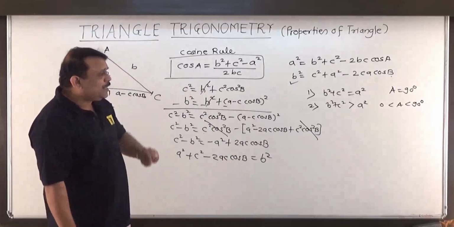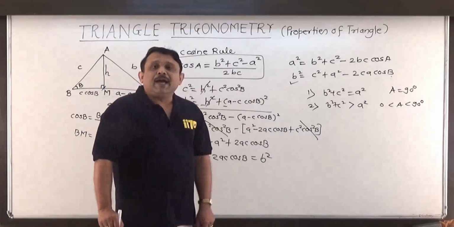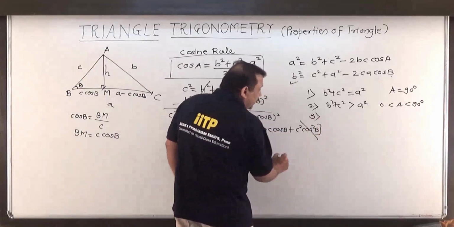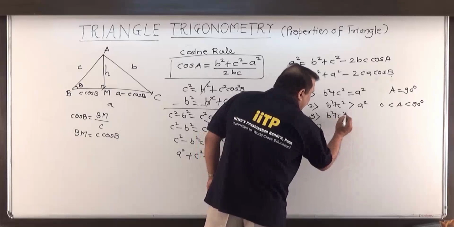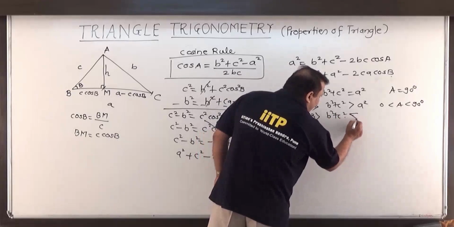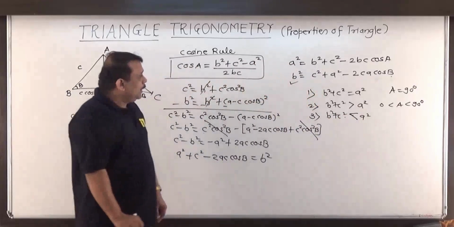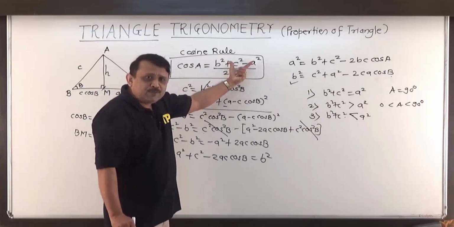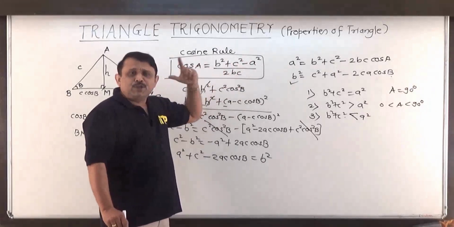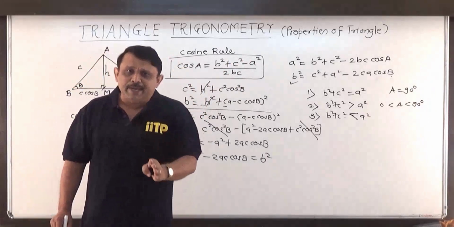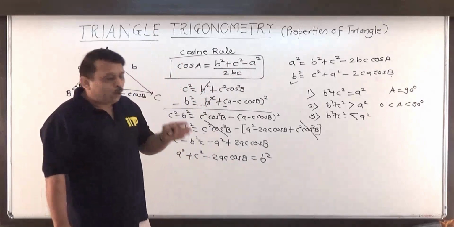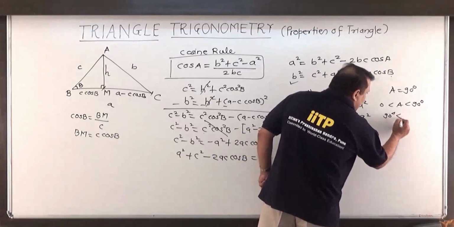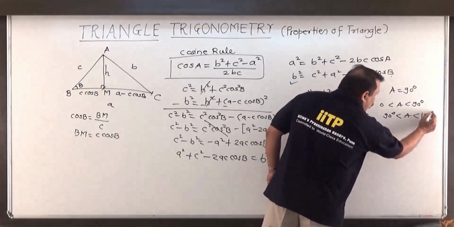So whenever b² + c² is greater than a², your angle A is an acute angle. Number 3, if b² + c² is less than a², means this is smaller than this, so the difference is negative. Negative upon some positive quantity is negative, so cos A is negative, therefore A has to be obtuse. So I must say that here 90 degrees is less than A is less than 180 degrees.